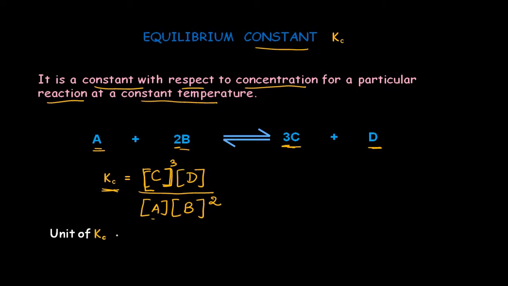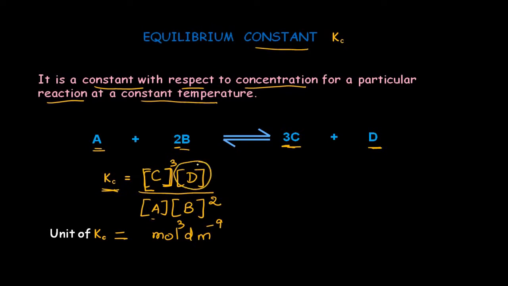Now let's understand how to calculate the unit of Kc. Now if you look at the equilibrium expression, on the numerator we have a concentration raised to cube. So if you consider the unit of concentration of C, we have mole cube dm power minus 9 for C itself.